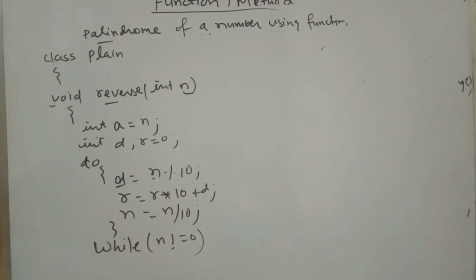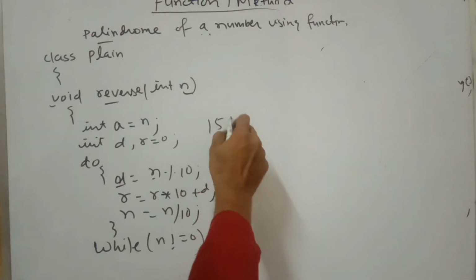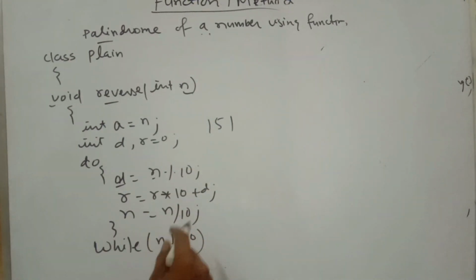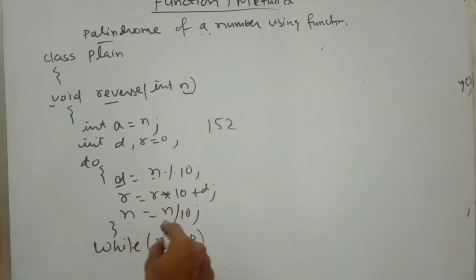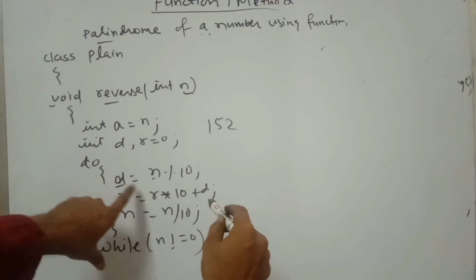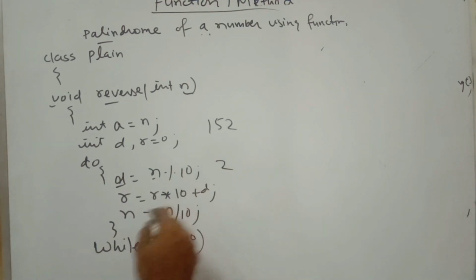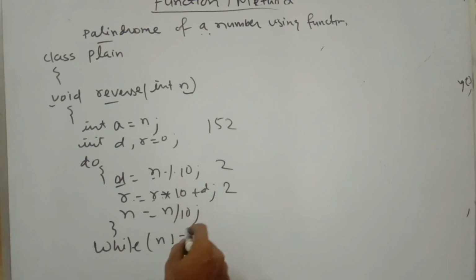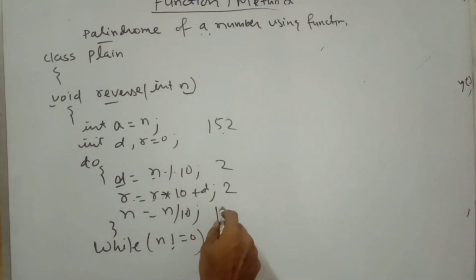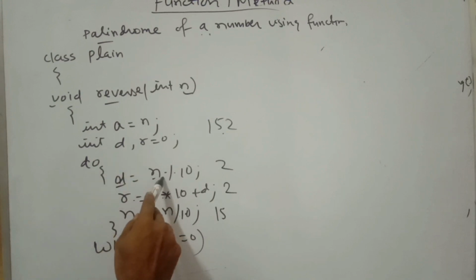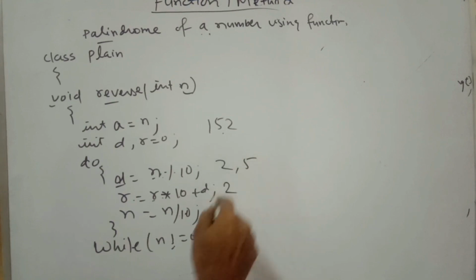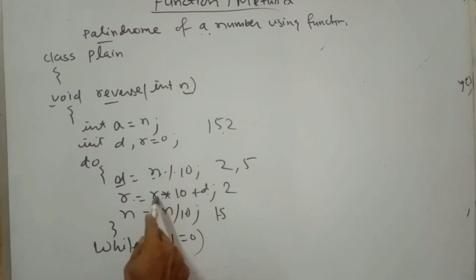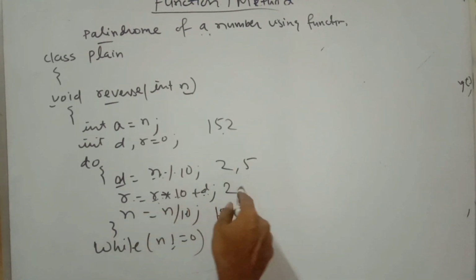Let us consider any number, 151, or 152. So this is the reversing process. Let us consider when you find the remainder, it will become 2 here. After that it's 0 into 10, 0 plus 2, so r will become 2. Then n by 10 will become 15. 15 is not equal to 0, so it will go again. Here the remainder is 5, and r equal to 2 into 10 plus 5, which is 25.